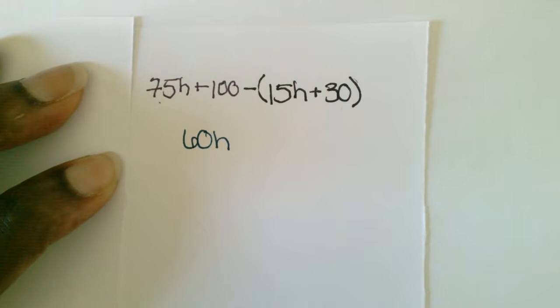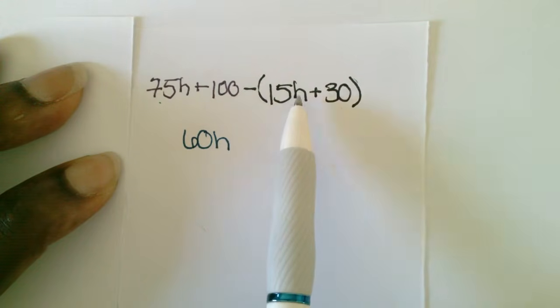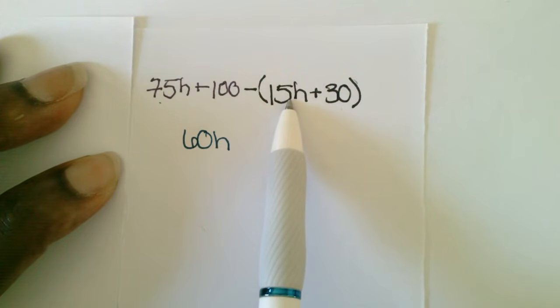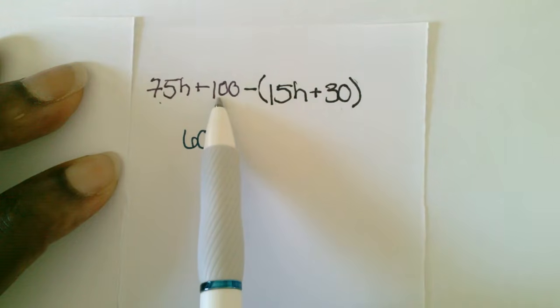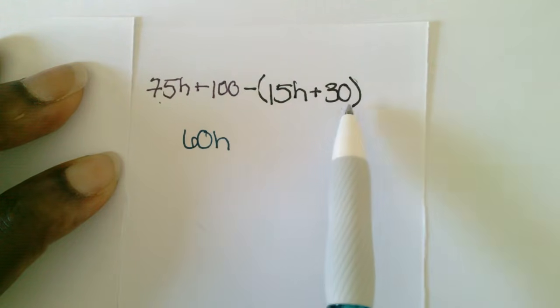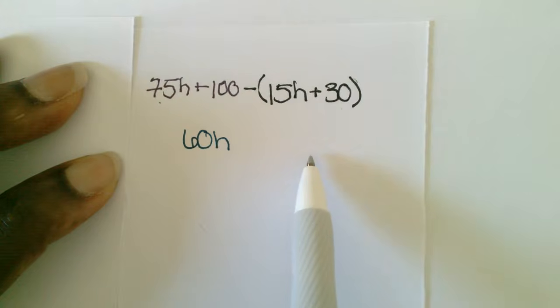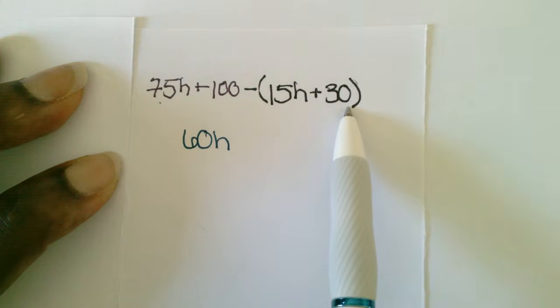But this is the part that everyone thinks that, oh, I did my subtraction with the 15h, so then the subtraction goes away. No. Okay? Now you're doing your 100 minus 30. So it's not going to be 130. We're not adding the 100 to the 30.